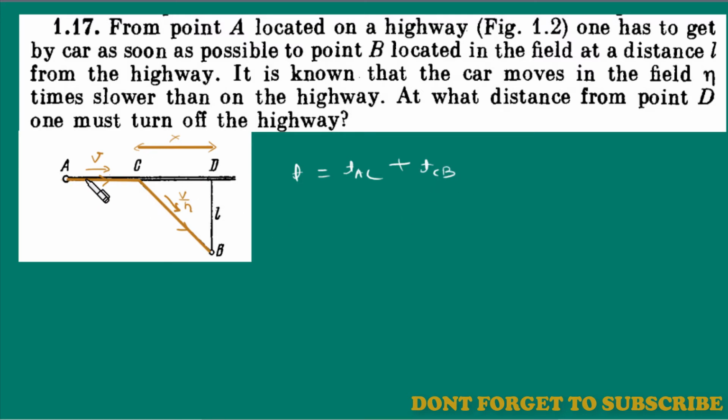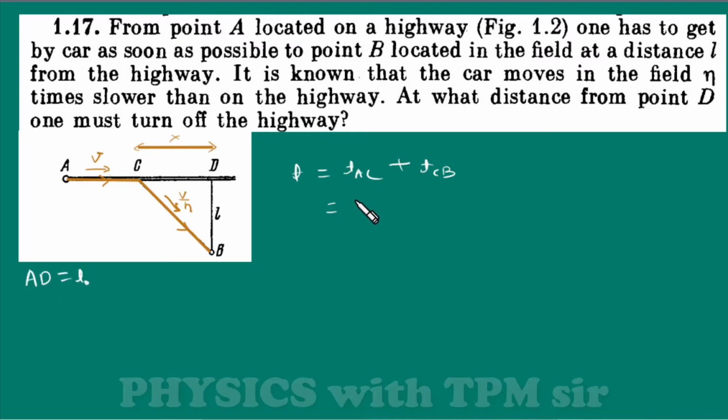Now AC will be, okay, we need to know AD. So let's take AD as L naught. AC will be L naught minus x, this distance, and they have traveled this distance by speed v. So we know time is distance upon speed.